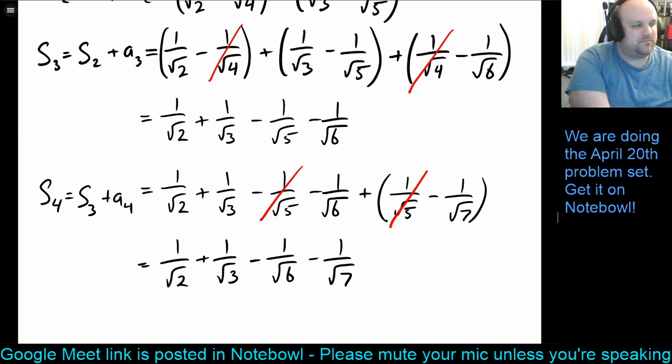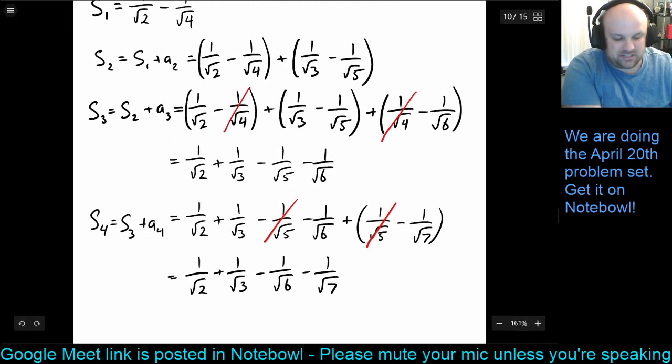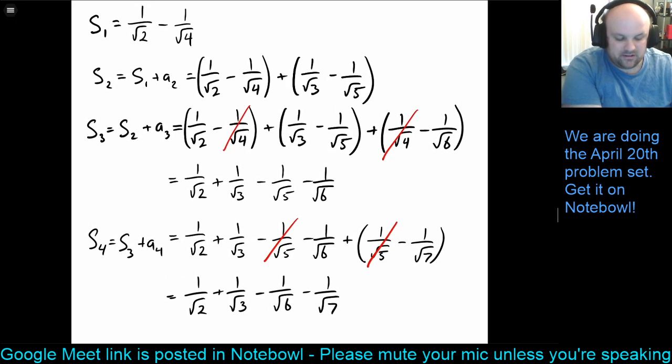So you guys kind of seeing what's going to happen now? Let's look at one more. Let's look at S5 and see if you can see a potential pattern happening here. See if you can figure out what it is.